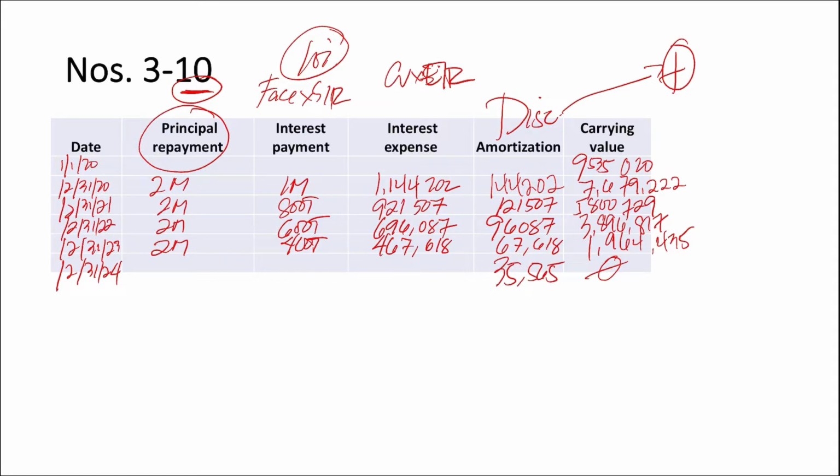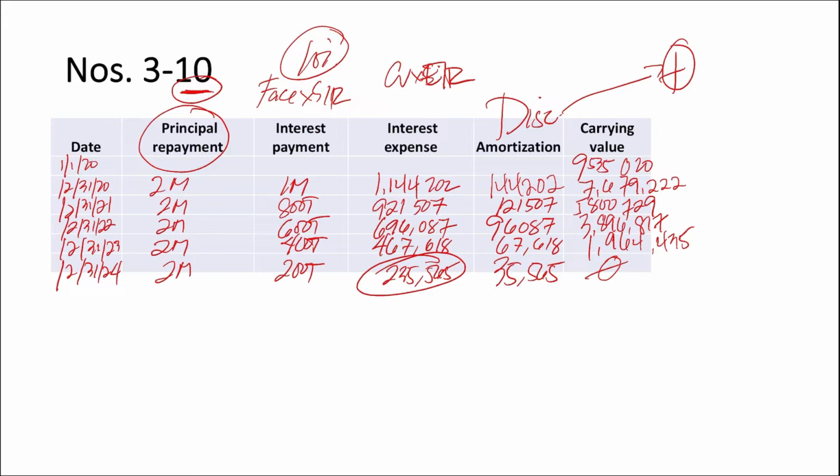Then, principal repayment is still 2 million, tapos 200,000, squeeze out this. Magkano dapat to? It must be an add. 235,565. Yeah. Ayos? Di ba? Interest paid plus discount amortization or minus premium amortization. And tapos na yung amortization schedule natin.